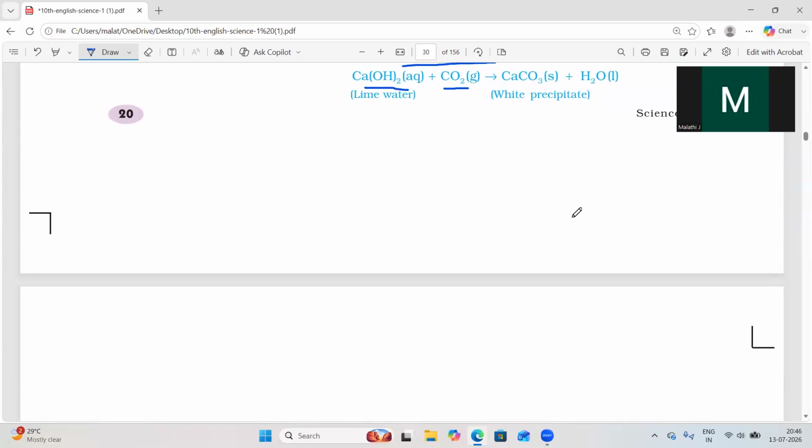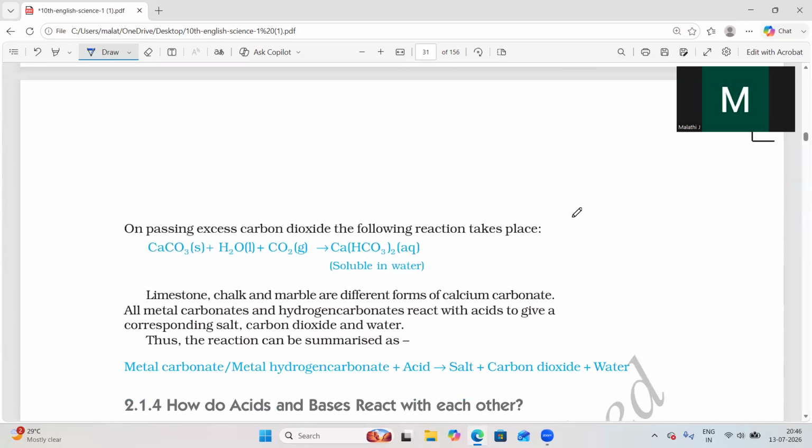So we know that there is carbon dioxide gas. Now, on excess passing of carbon dioxide: if you pass excess carbon dioxide into calcium carbonate, you will again get a colorless solution, that is calcium bicarbonate. You will get it back.